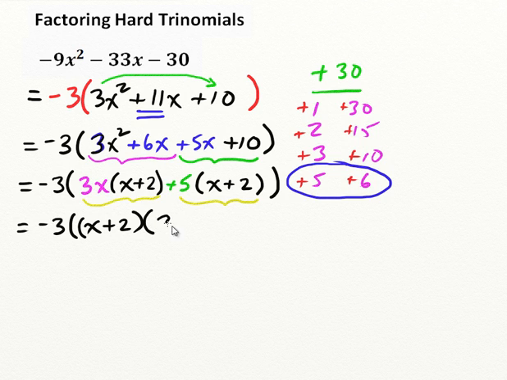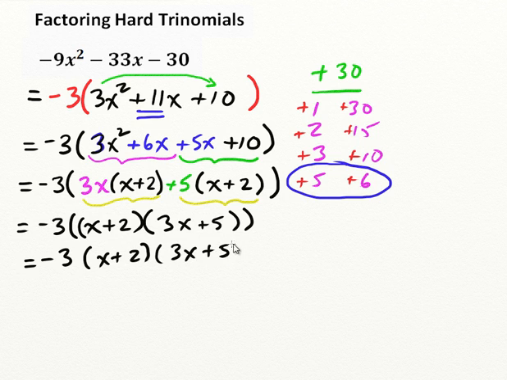Well, we got a 3x in the first term, and what's left was the plus 5. Okay, this extra set of brackets here around the whole thing, I can just remove those. They were just holding things in place while we got going. And there is the entire difficult, challenging, hard trinomial factored.